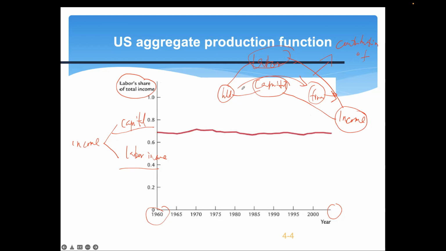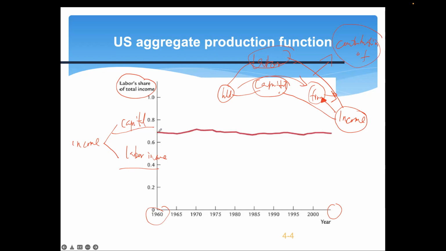To summarize, households, or whoever owns those things, provide the factors to firms so that they can produce. All the income is equal to the product, so what we produce comes from using labor or capital. And then the compensation to labor and capital, which is shown over here, is going to tell us the contribution of each factor.